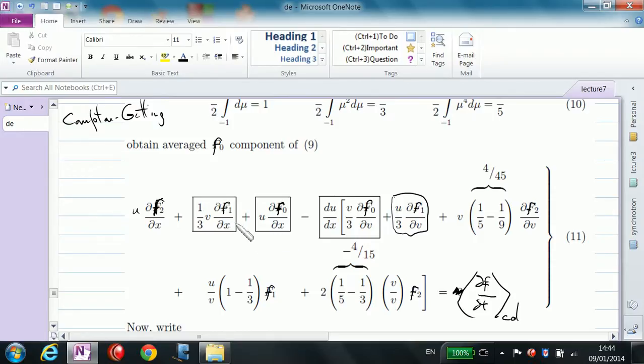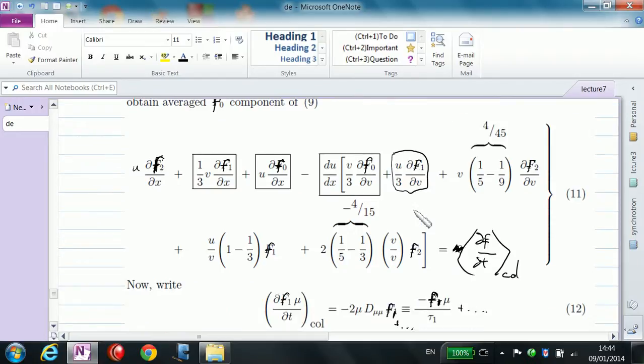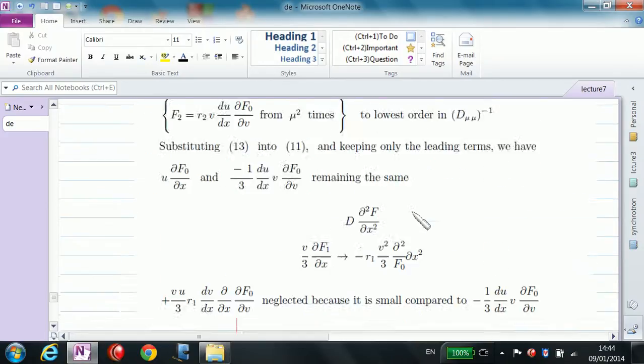Right. So this had F1s in it, but since I got F1 in terms of df naught dx, I can take a term like this and substitute it back in. And this term also had an F1 in it, and we just give first terms and that's it, right?